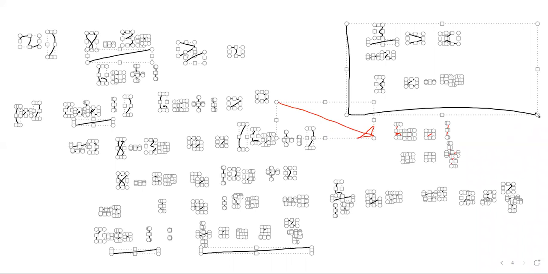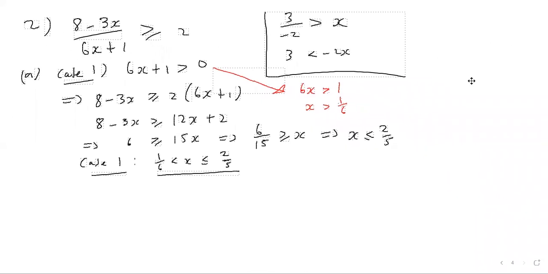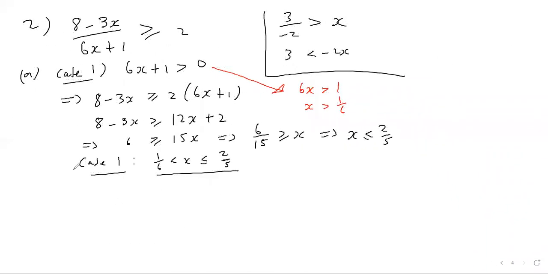And then our case number 2 solution. So case 2 is the case that 6x plus 1 is now a number less than 0. So now this denominator is negative. When you multiply both sides of an inequality by a negative number, you change the sign.